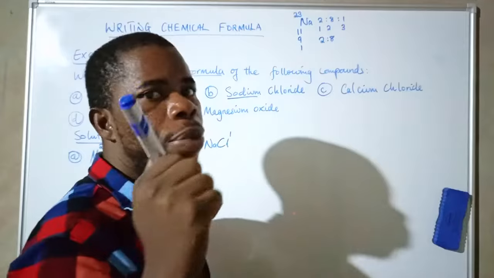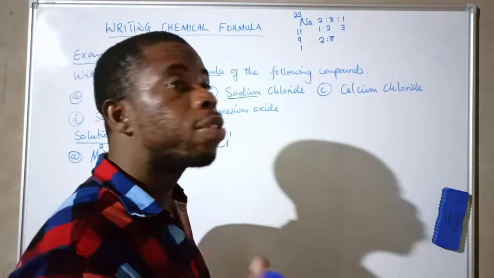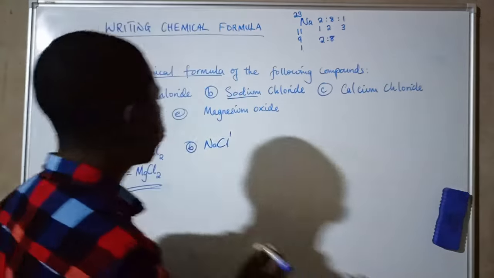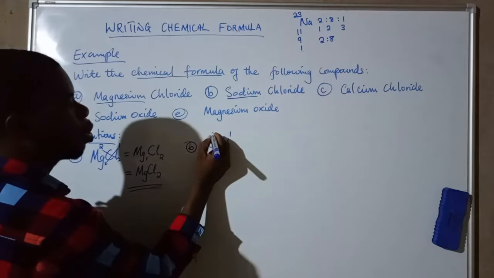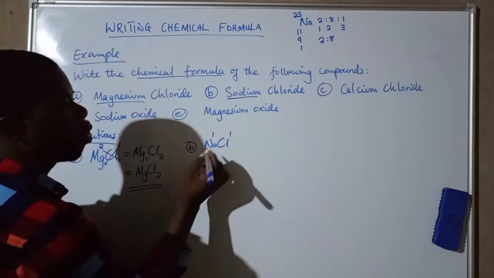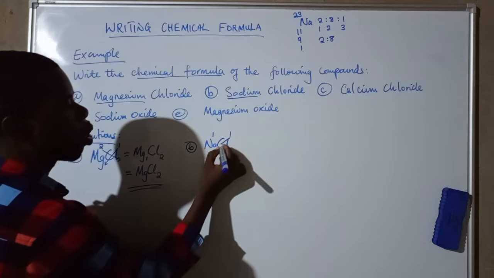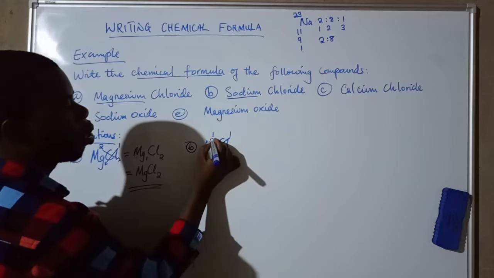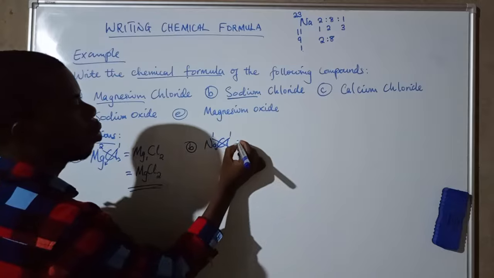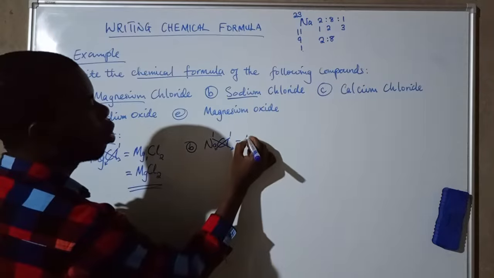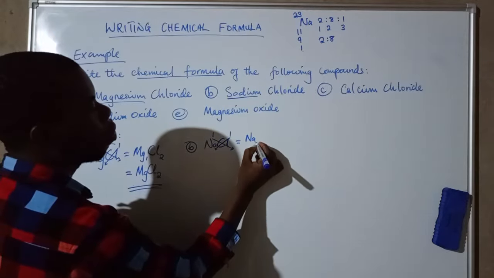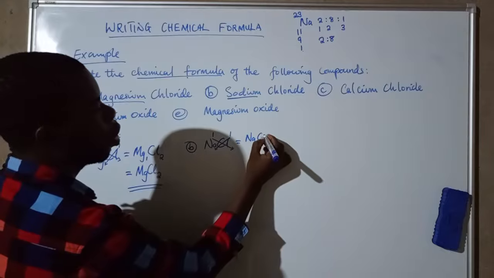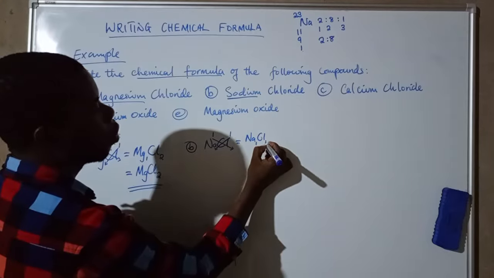Now, since sodium loses 1 electron, the valence for sodium is 1. And that one, we write it as a power somewhere here. Then after that, we cross: this one comes here, then this one comes there. Then we say equals, sodium with a 1 here, and then chlorine with a 1 there.